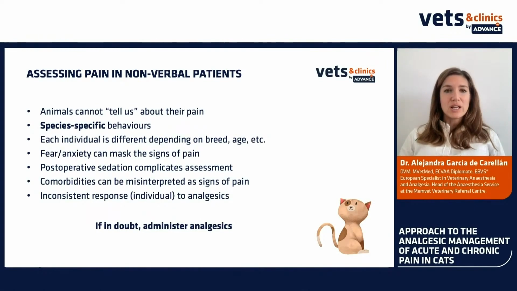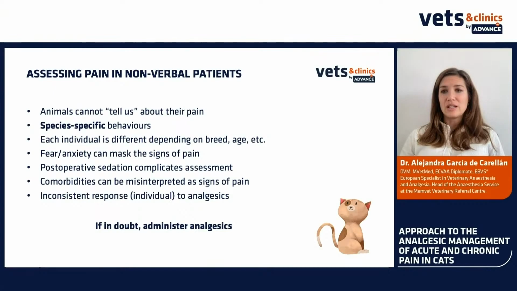Postoperative sedation complicates assessment, especially in hospitalized patients where we have to sedate them, for example, to do wound management or something like that. It complicates assessment. Comorbidities as well can be misinterpreted as signs of pain.